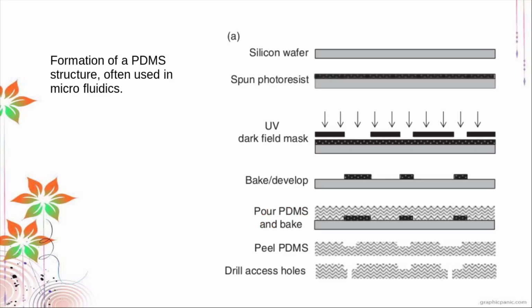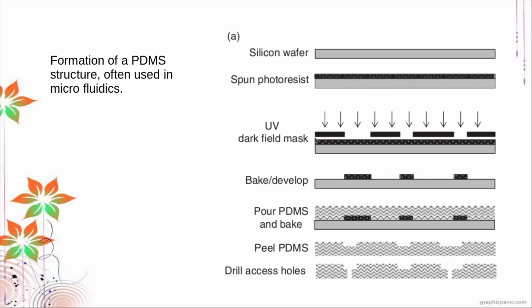So here is a schematic of a formation of a PDMS device. So usually these are found in microfluidics. So you have your silicon wafer and you add a spun photoresist layer.